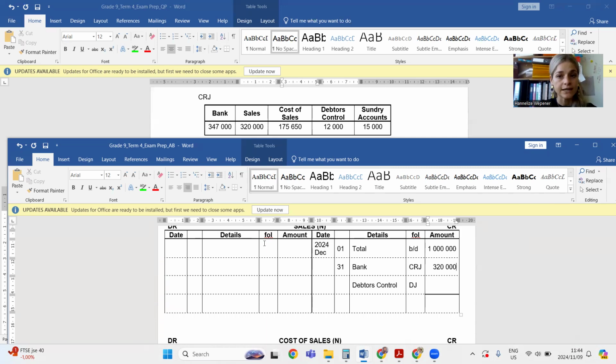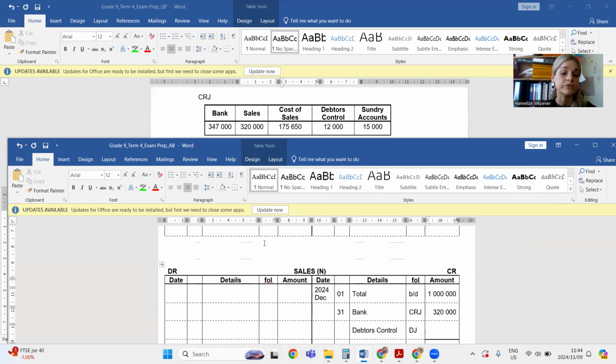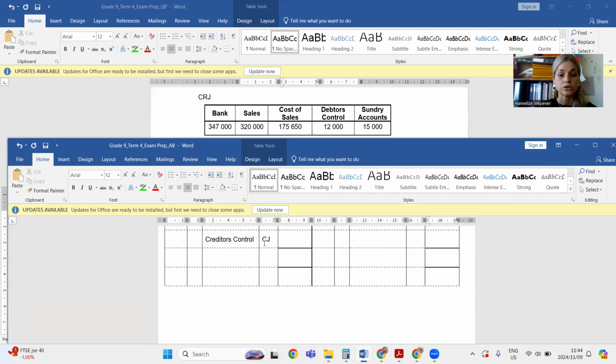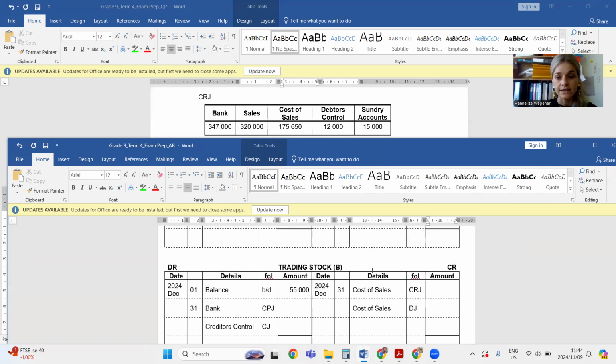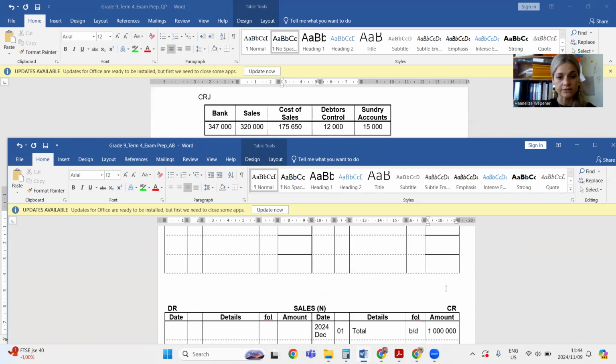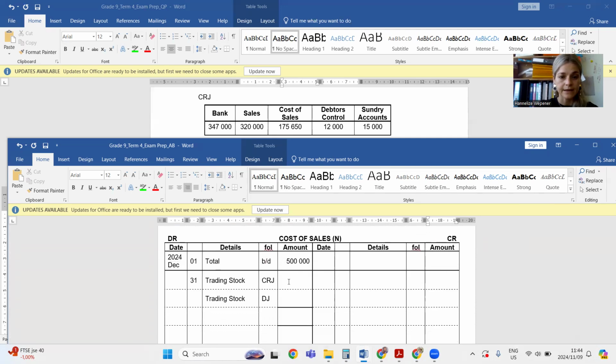Okay, I know that I cannot have sales without trading stock leaving my business in the form of a cost of sales expense. So I go to trading stock and I say that I now have less trading stock due to cash sales. And I go to cost of sales and I say that this expense is now more, because, oh gosh, let me just fix this typo.